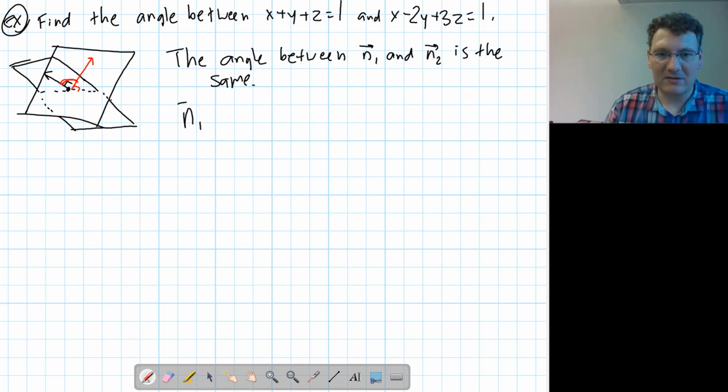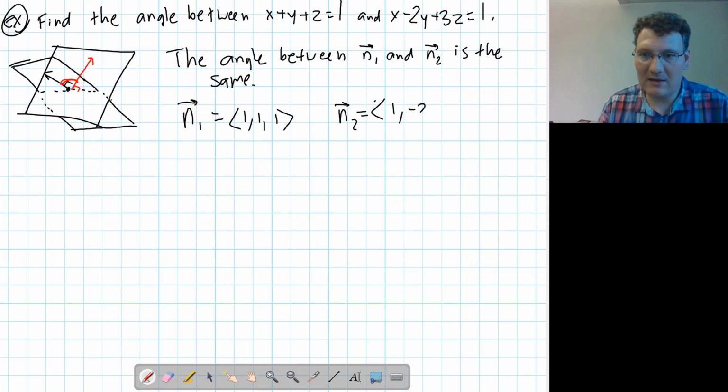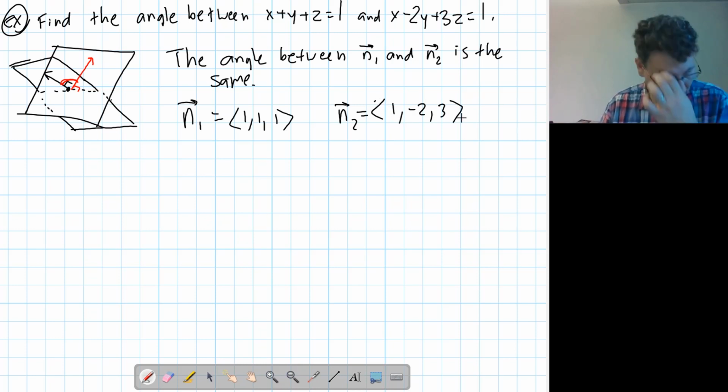The two normal vectors can be found just by the coefficients of x, y, and z. The first one is just going to be 1, 1, 1. And the second normal vector is 1, negative 2, 3. So how do you find the angle between two vectors? Remember, it's related to the dot product.